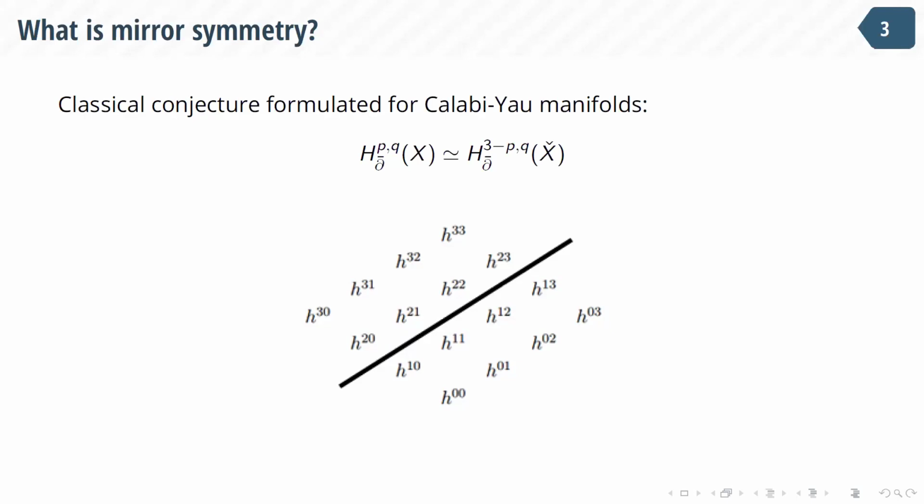Since the 90s, many examples were found, and several approaches were proposed to explain this phenomenon. We will adopt the approach proposed by Strominger, Yau, and Zaslow, which wants to explain the mirror symmetry phenomenon via a torus duality.